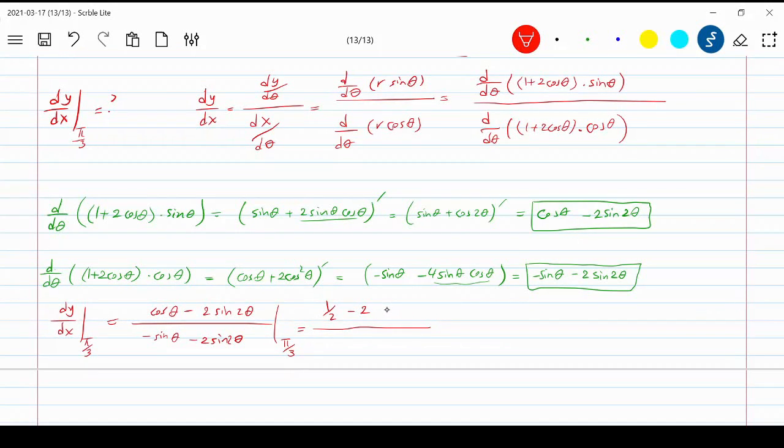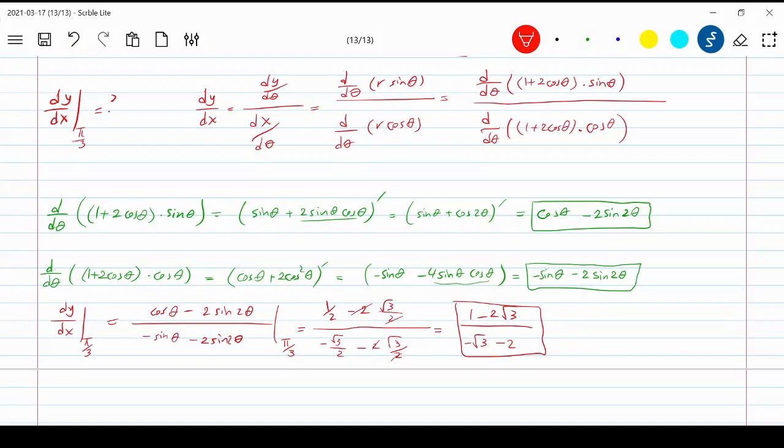Sine at 60 degrees is root 3 over 2, and sine at 120 degrees is still root 3 over 2, so here you would have negative root 3 over 2 minus 2 times again root 3 over 2. You can simplify by multiplying by 2 everywhere if you want. These two can cancel out, and you would have 1 minus 2 root 3 divided by negative root 3 minus 2.